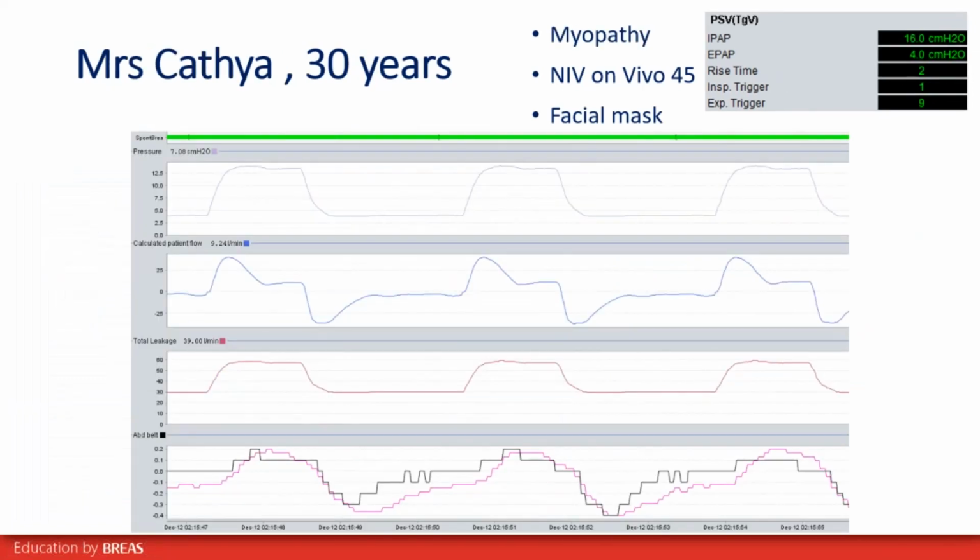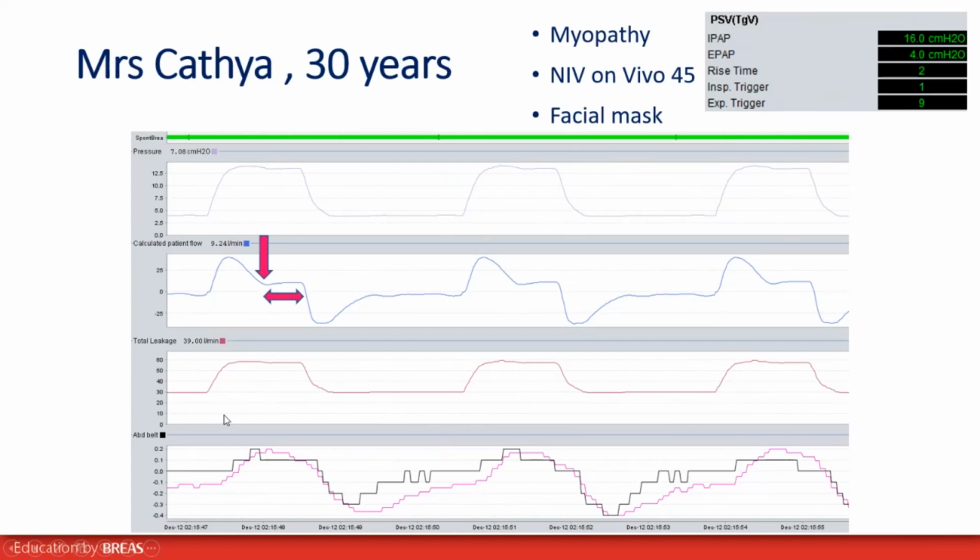And the reverse is here. Mrs. Cathya, again. Here on the flow curve, we see that the slope of the flow changes at some point, meaning that the effort of the patient stops here. And all this time is extra time, meaning the patient would like to exhale here, but gets this time with insufflation.